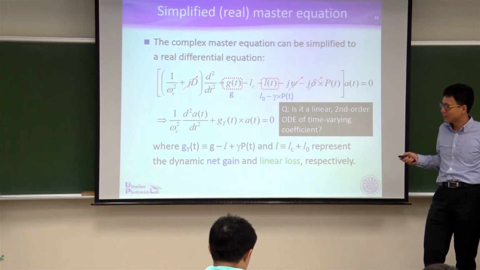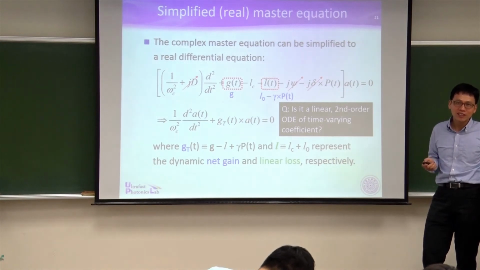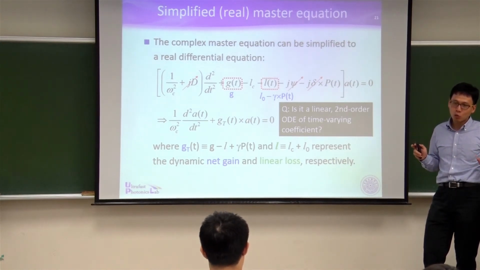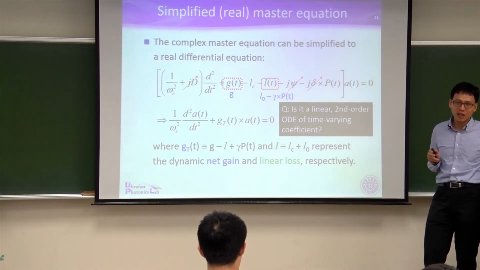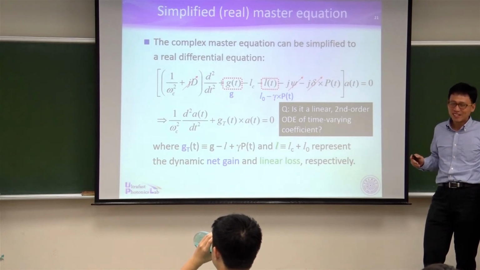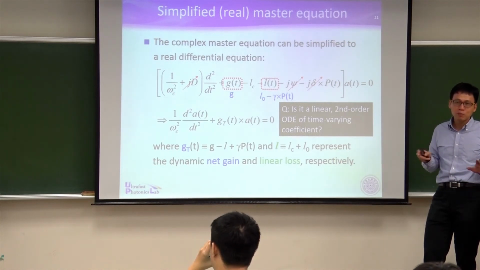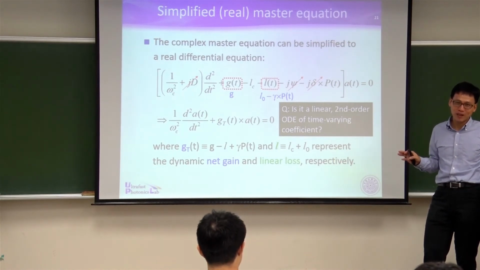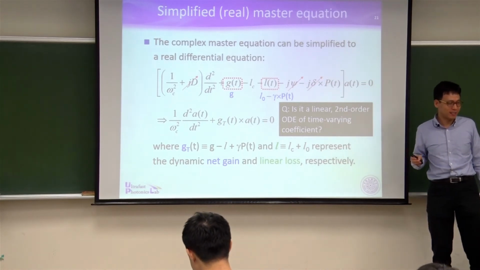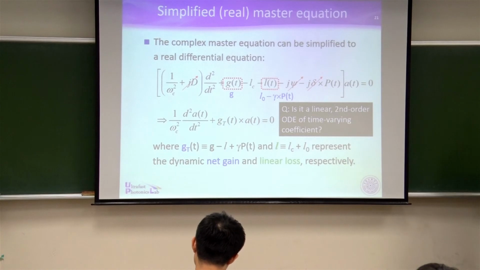So this is a nonlinear differential equation. It also means all the well-known solutions you have studied before do not apply. The solution cannot be a simple exponential function as you expect from the linear ODE theory. Okay, it's a very different story.